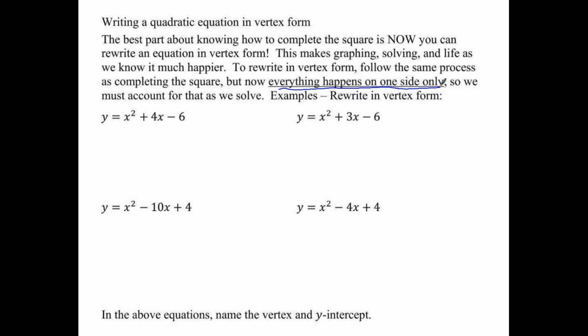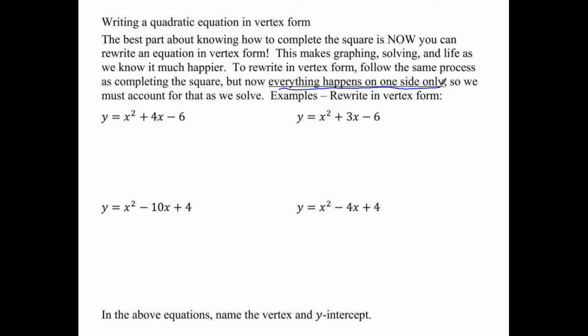Now we have y equals, we're only going to work one side of the equation, so everything's going to happen on one side, which means we have to account for that as we solve. So if we do something to one side, rather than keeping the equation in balance by doing the same thing to the other side, what we're going to do is keep the equation in balance by undoing what we do on the same side. Okay, and you'll see what I mean here by that here in a second.